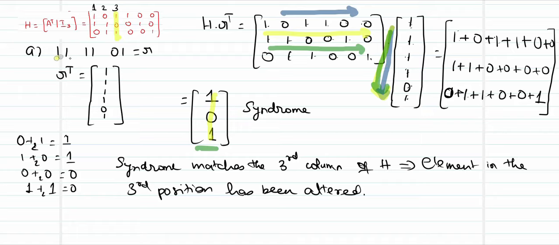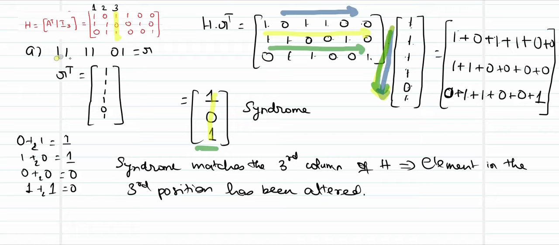What is the quantity? Since it is binary, 1 has to be replaced with 0 and 0 has to be replaced with 1. Therefore, my decoded word will be, now I change the element in the third position so that 1 will now become 0 and the remaining quantities will remain as such. Now I have found the decoded word, how do we find the original message?